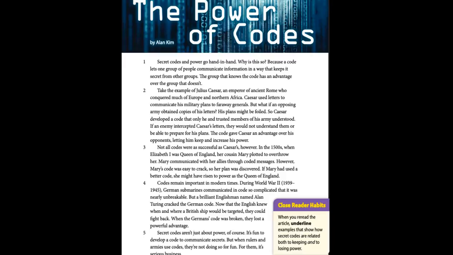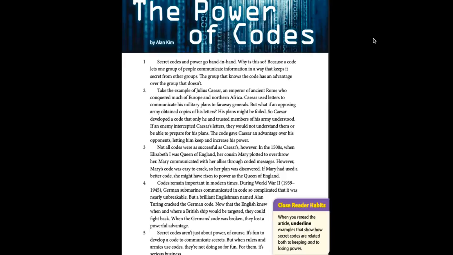Codes remain important in modern times. During World War II, 1939 to 1945, German submarines communicated in code so complicated that it was nearly unbreakable. But a brilliant Englishman named Alan Turing cracked the German code. Now the English knew when and where a British ship would be targeted, and they could fight back. When the Germans' code was broken, they lost a powerful advantage.